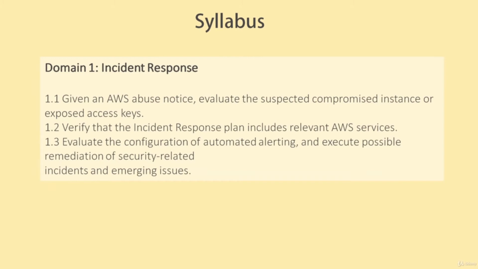Have better credentials set up and secured. We need to verify that the incident response plan includes our relevant AWS services or not. If it does not involve relevant services, we have to add the relevant service. Then we need to evaluate the configuration of automated alerting. We can set up alarms on CloudWatch and more things that we can do.